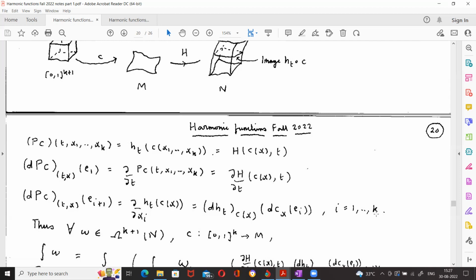As i goes from 1 to k, dPC applied to e i plus 1. The i plus 1th variable corresponds to xi, right? So this will be del xi of ht of c of x. And del xi of this, by the chain rule, will be dht at the point c of x applied to dcx of ei. All right? Yes.